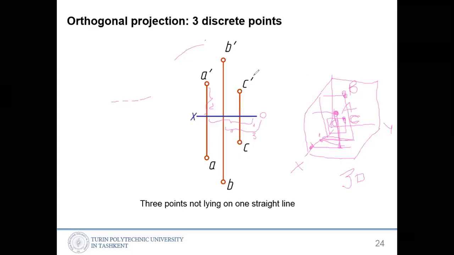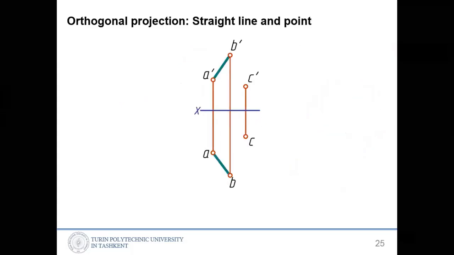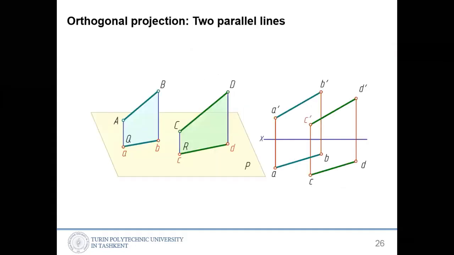So three points in two projection planes make six projections, but that will generate only three points. So if you connect A and B, you can generate one line, and one more point is given. So two parallel lines can be given like this.